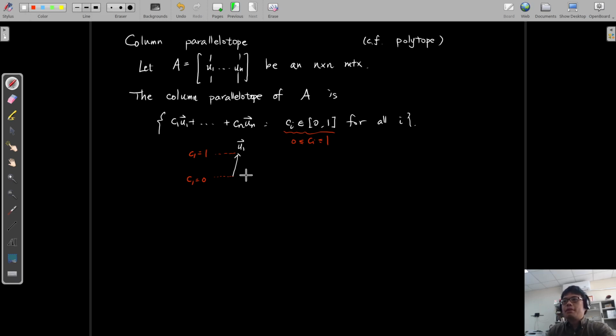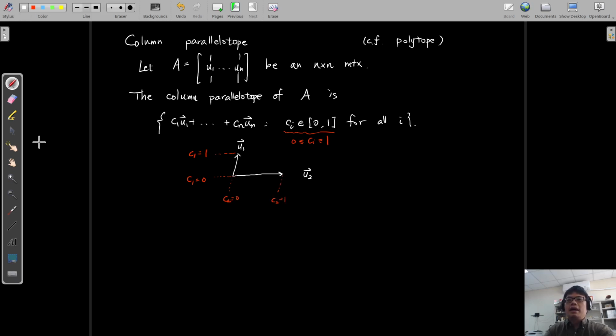Now, suppose I have u2, and you also have something like here. This is c2 equal to 0 up to c2 equal to 1.